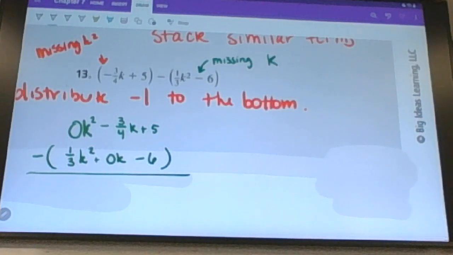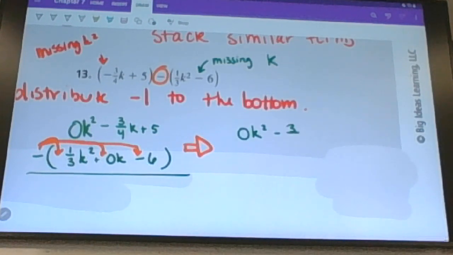Okay, now because we're subtracting, we have to distribute -1. If we were adding, we would just add straight down, but it's all about what's in the middle here. So I'm going to multiply -1 through and change all of their signs. Top stays the same.